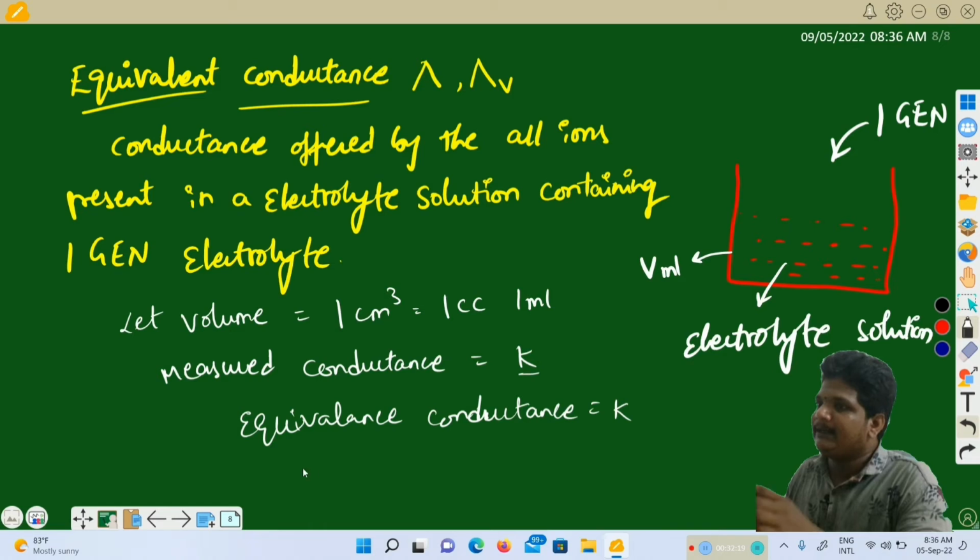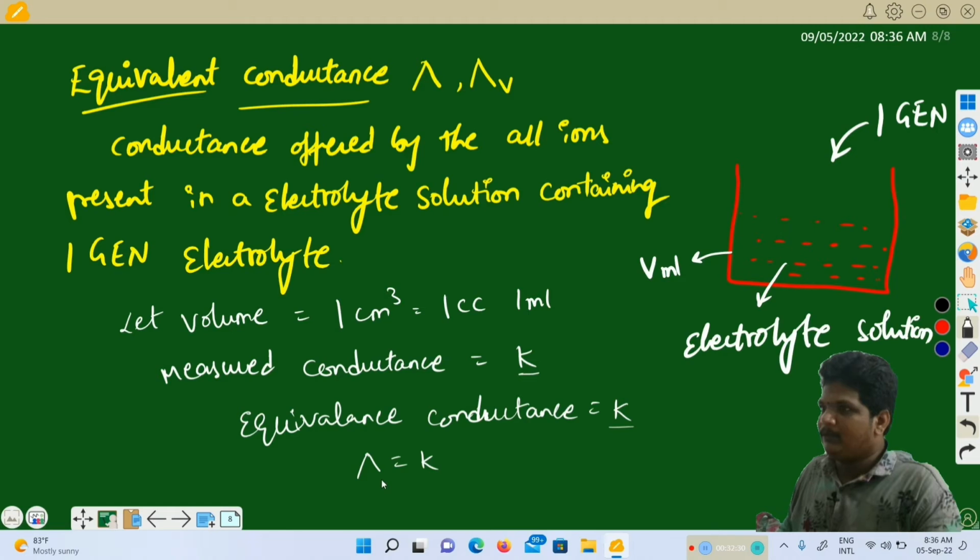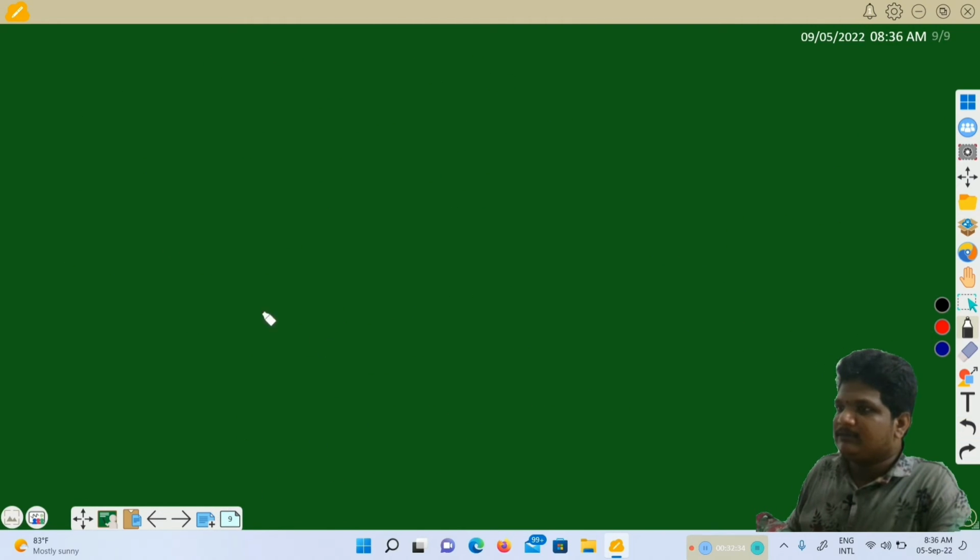So the equivalent conductance is equal to the specific conductance. Here lambda is equal to kappa.